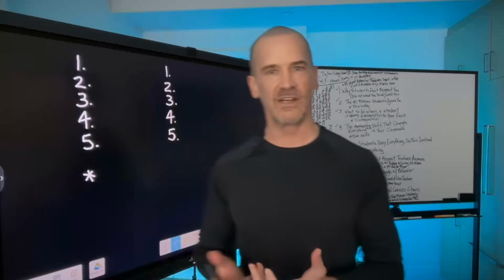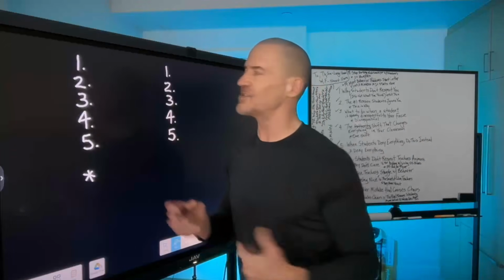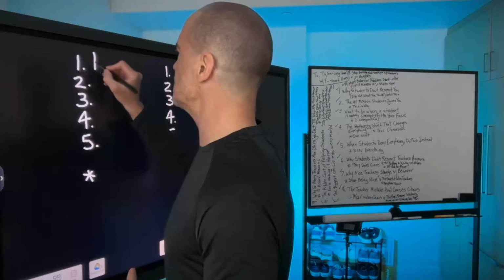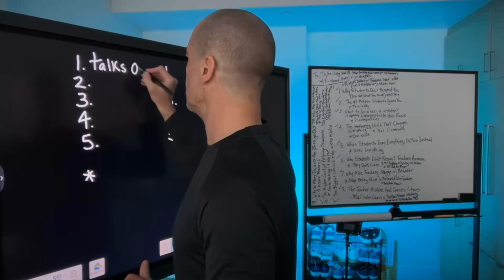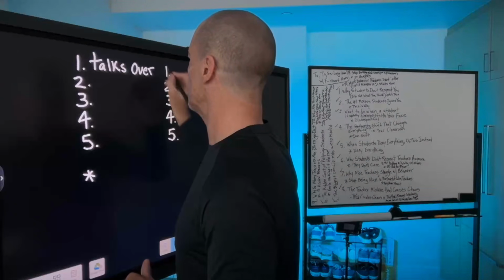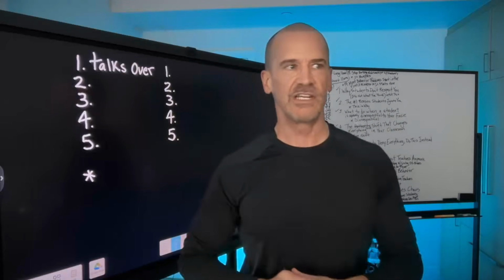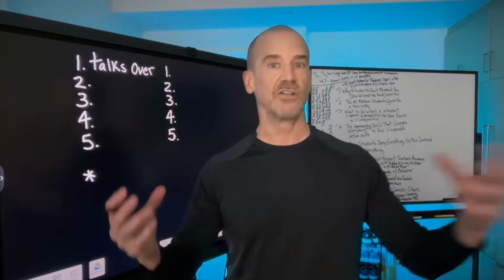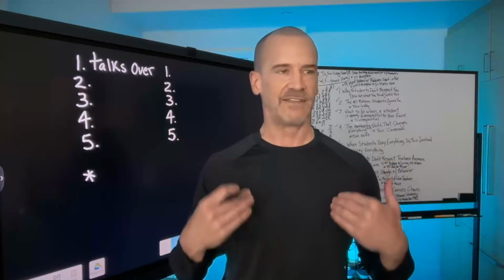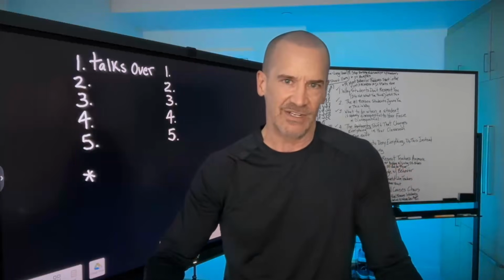So the first reason why students ignore directions is because the teacher talks over them. In other words, the students are talking with each other, looking around the room, and the teacher begins giving directions.